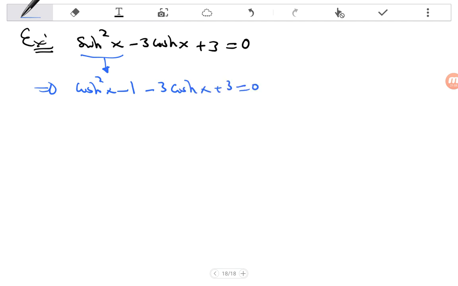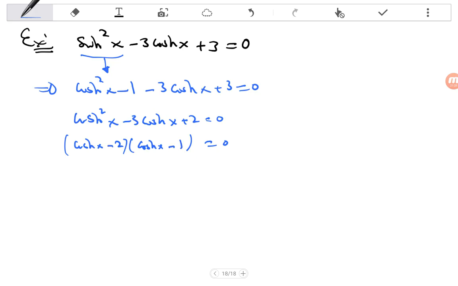If I continue simplifying this expression, I will just get cosine squared x minus 3 cosine x plus 2 equal to 0. This may be factorized as cosine x minus 2 times cosine x minus 1.